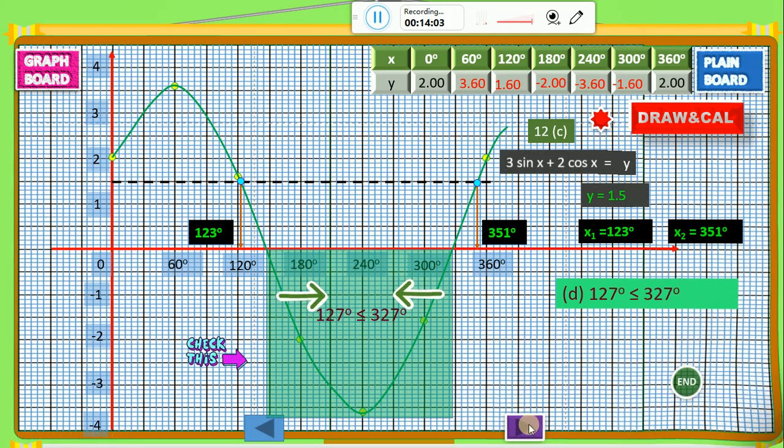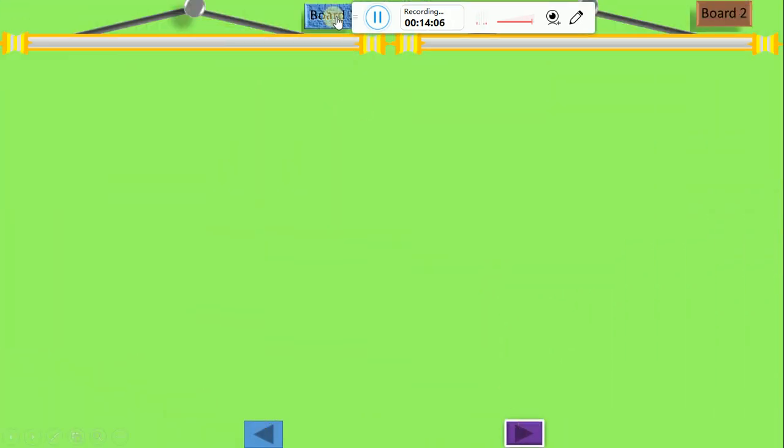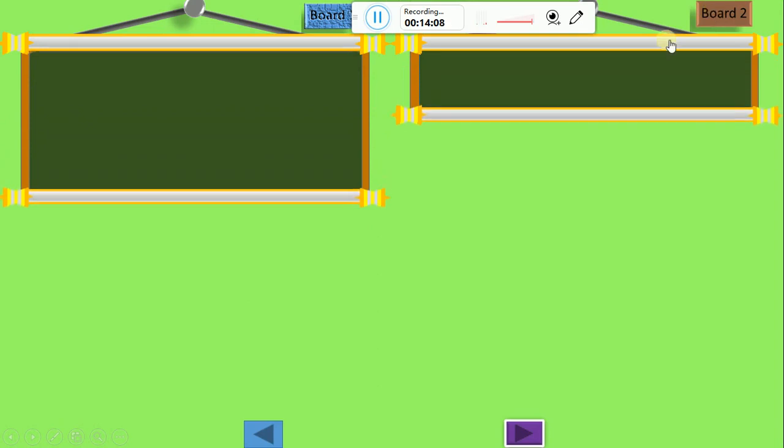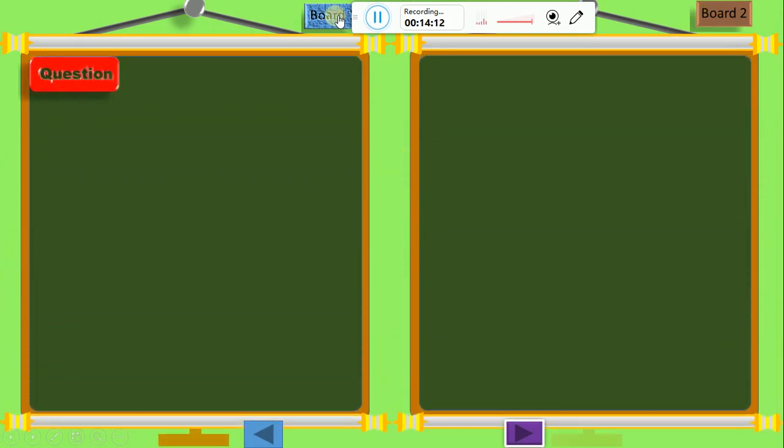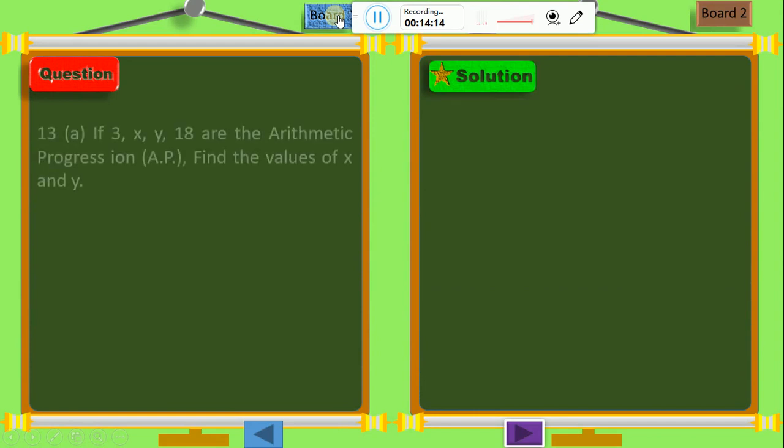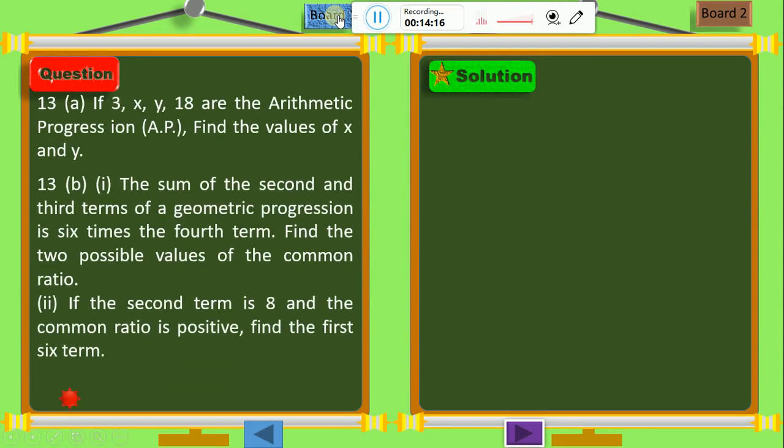Then we move to the last question for this 2008 WAEC May June. So that's the question. Then we now start the solution to the question. Un is equal to that. That's the formula for arithmetic progression, the nth term.